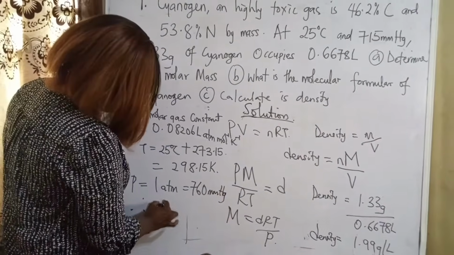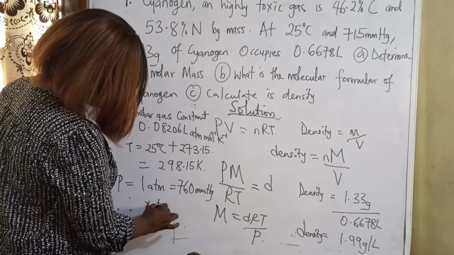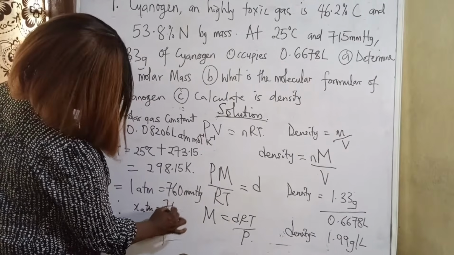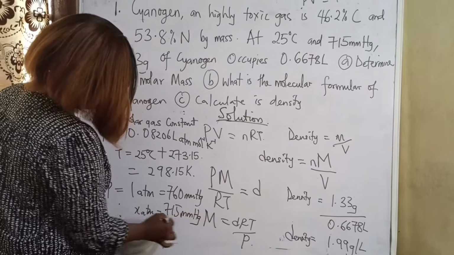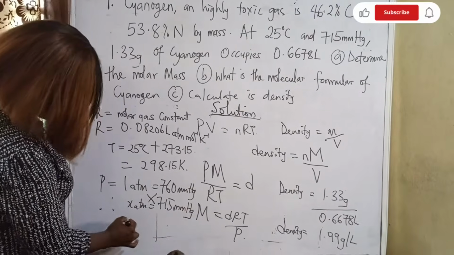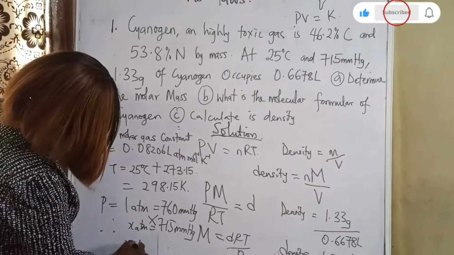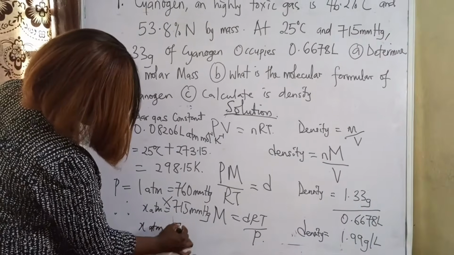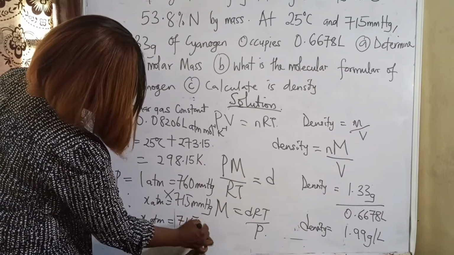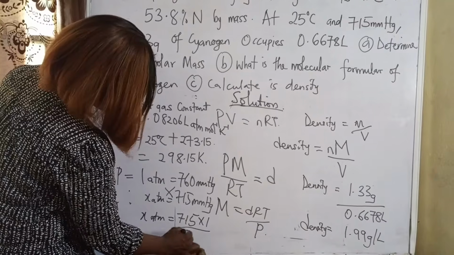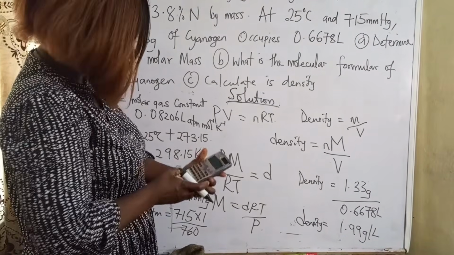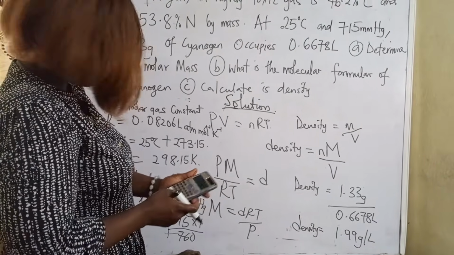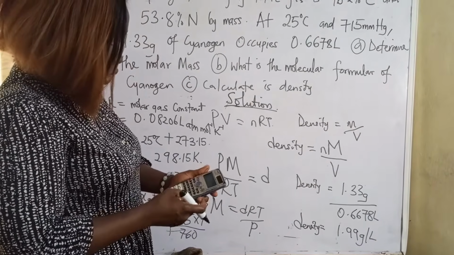Therefore, how many atm will give us 715 millimeter mercury? It means when you cross multiply, x atm will be equal to 715 times 1 divided by 760. So your millimeter mercury cancels out and you are left with what? atm. So let's quickly do that calculation.